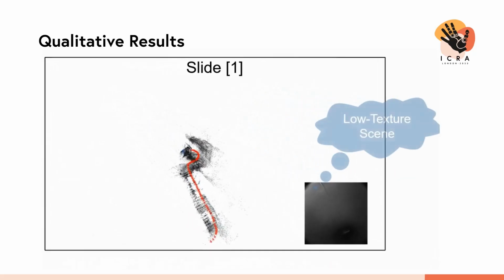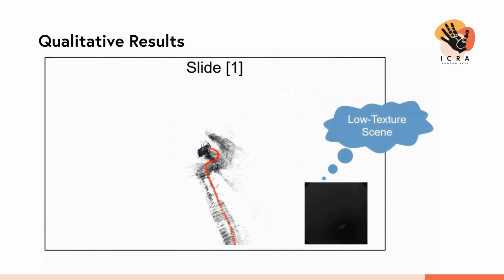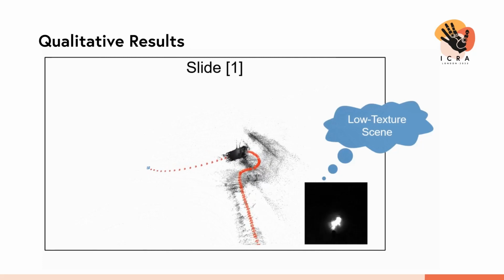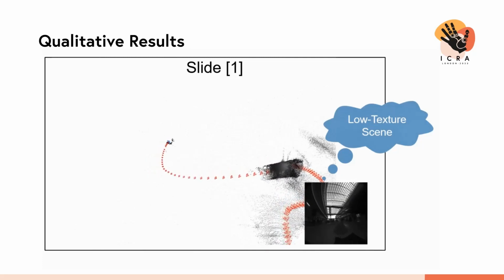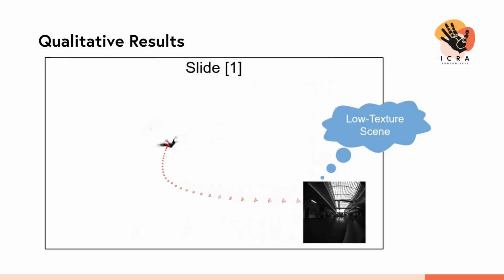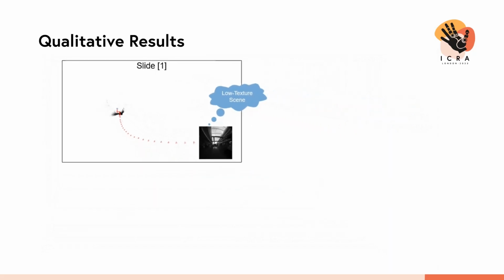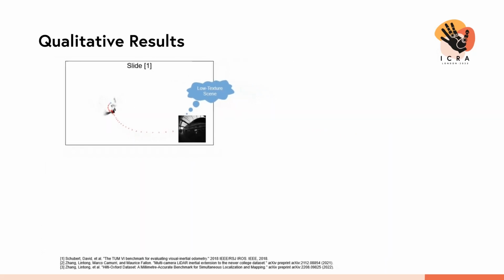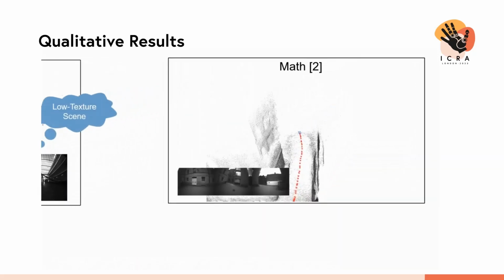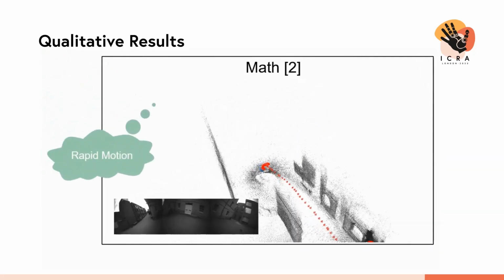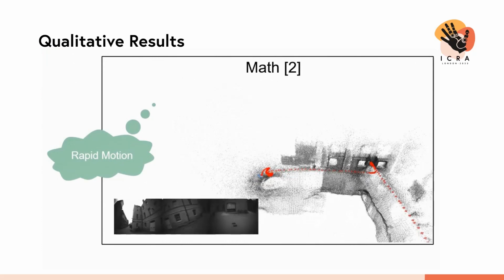Now let me show more qualitative results on the challenging scenes. First is the low texture scene. Rapid motion scene.